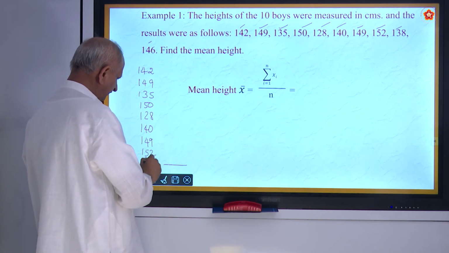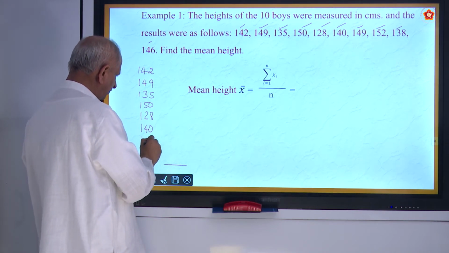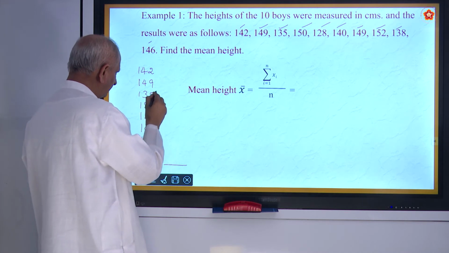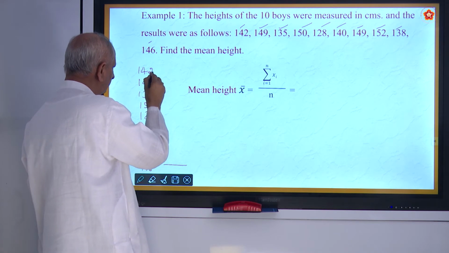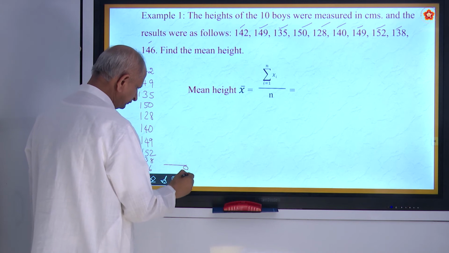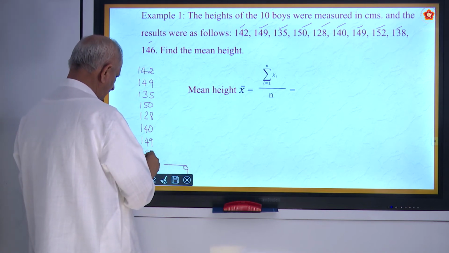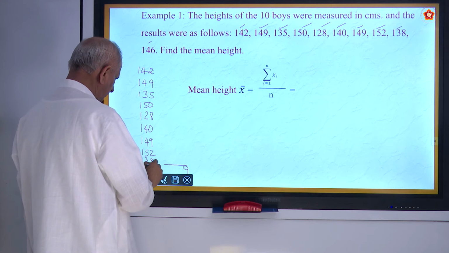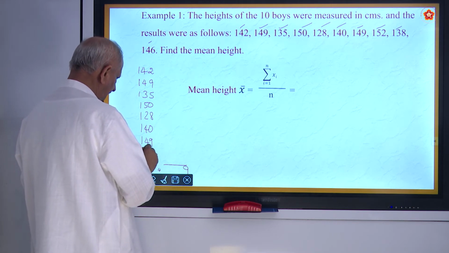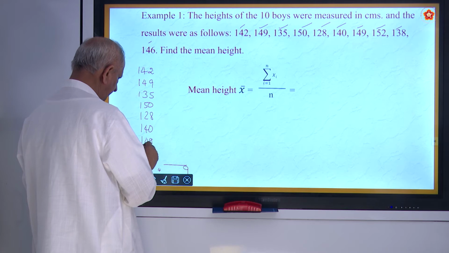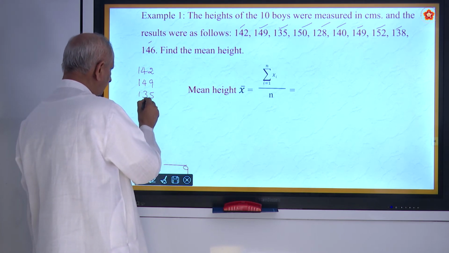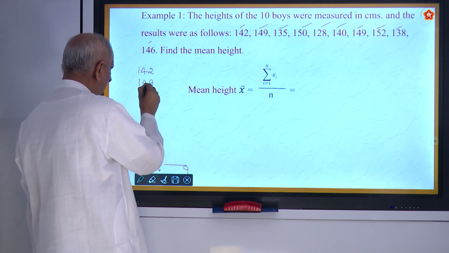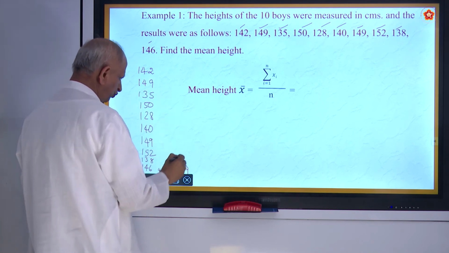Now 6 plus 8 is 14, 16, 25, 33, 38, 47 and 49. 8, 11, so 4 remains. 8, 11, 16, 24, 26, 31, 34, 38, 42.